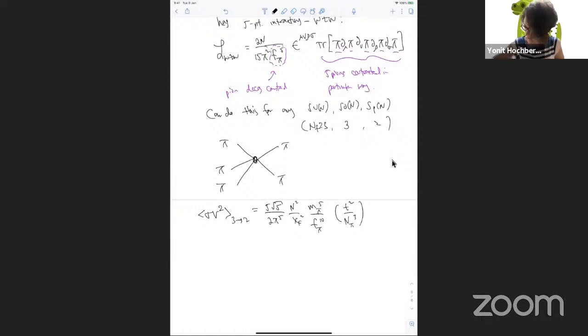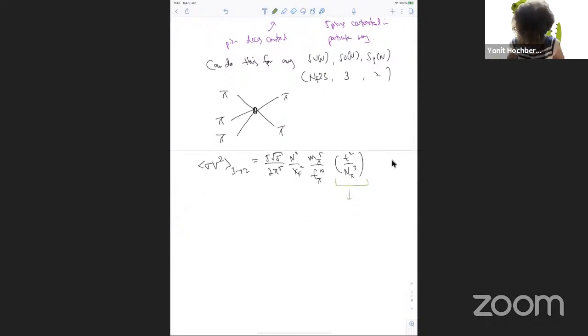This piece, which I'm not going to write out, is some combinatorial factor that depends on the group, and it depends on NF, etc. And we have tables of these in our paper.